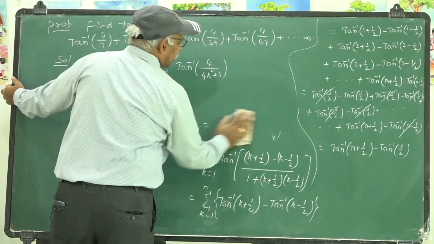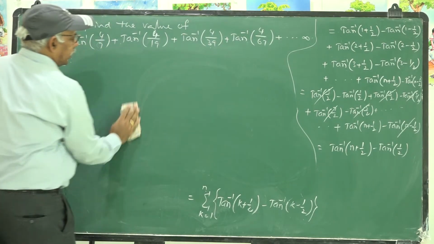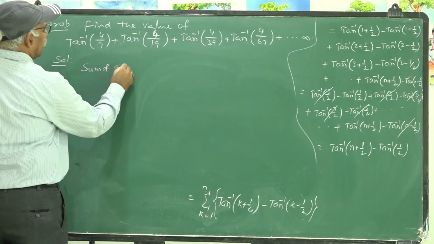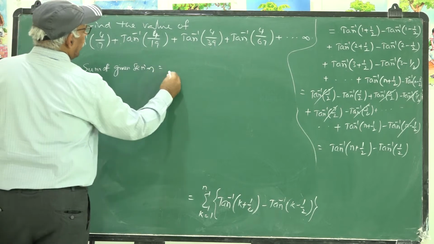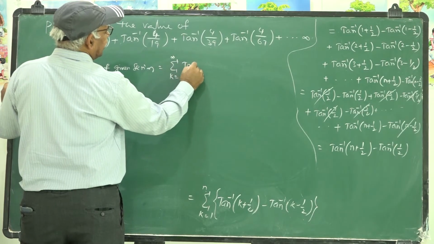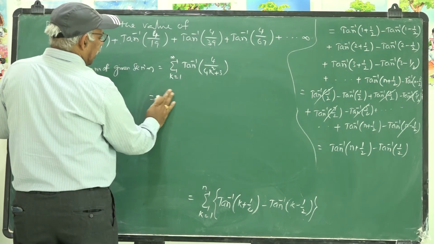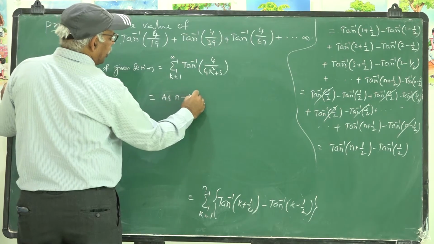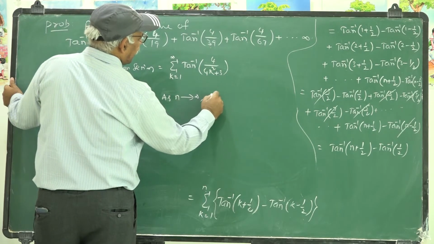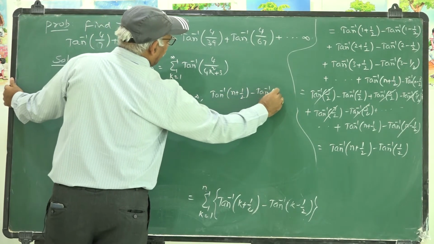Now, the sum of infinite terms of the series, the sum of the given series sigma k equal to 1 to infinity tan inverse of 4 by 4k square plus 3, is equal to, as n goes to infinity, tan inverse of n plus 1 by 2 minus tan inverse of 1 by 2.